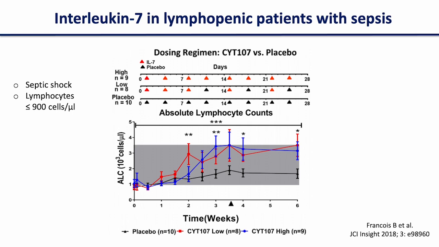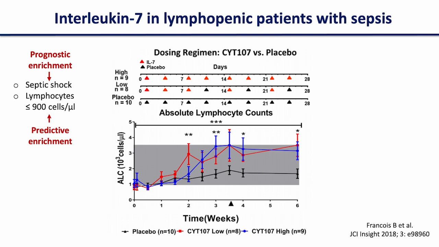So in this trial, patients with septic shock, so who were more likely to have an adverse outcome, this is prognostic enrichment, were treated with IL-7 only if they had low lymphocyte counts, which is predictive enrichment. So the combination selected patients that were more likely to benefit from IL-7 treatment.